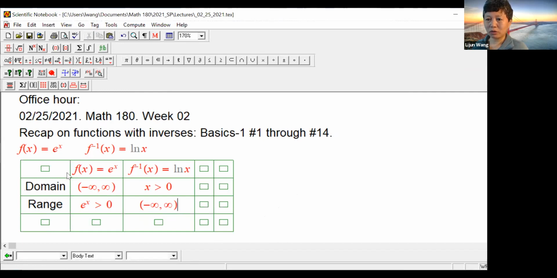We have studied that this is a 1-to-1 function. So if this function is 1-to-1, it will have an inverse. And the question is, how many inverses does it have? The answer is one and only one. Each one-to-one function has one inverse function and one inverse function only.